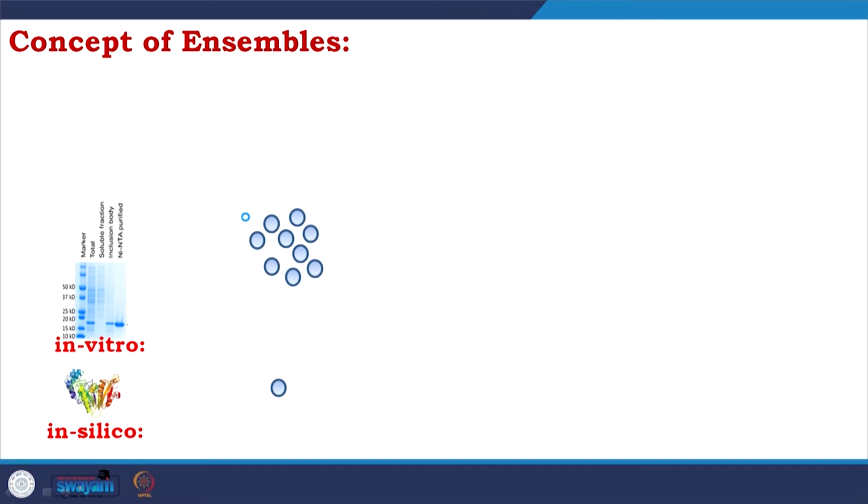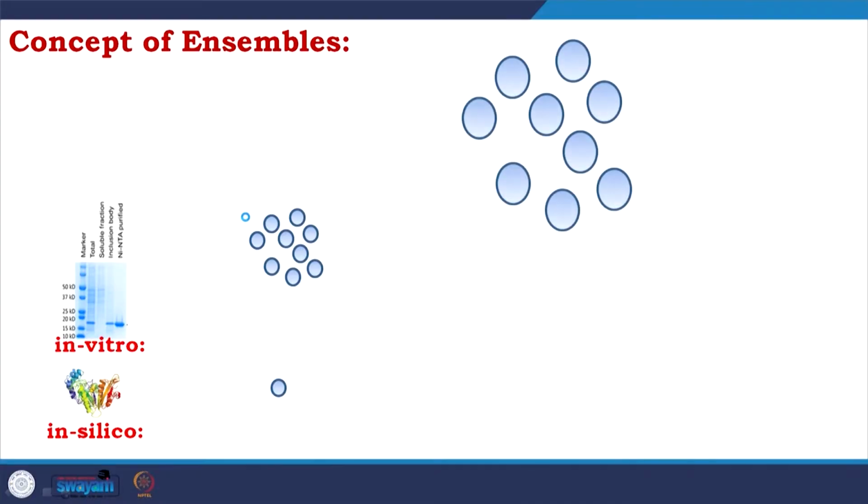So, we have taken out the in vivo system from this discussion because it is complex. I have already discussed that when we are talking about the dynamic system, the MD simulation modeling, our goal is to mimic an in vitro system and not an in vivo system.